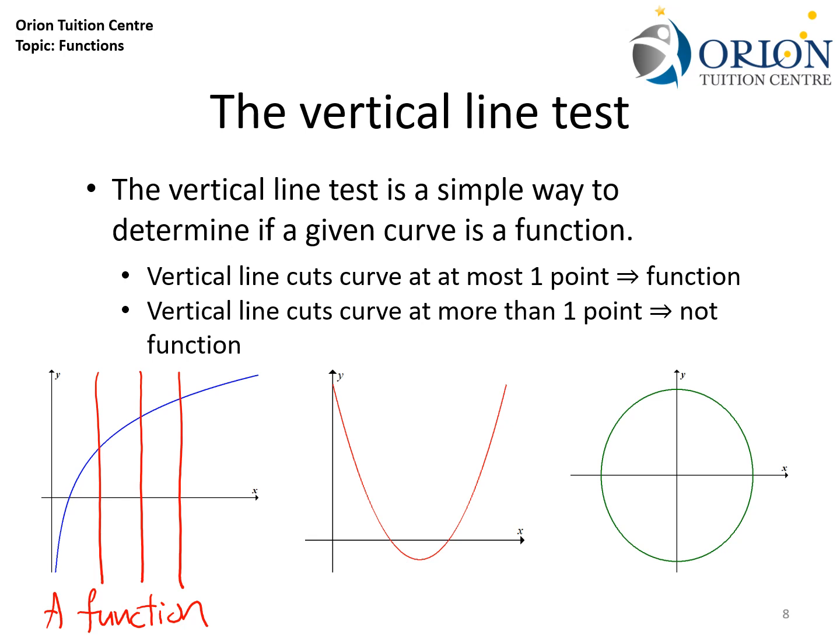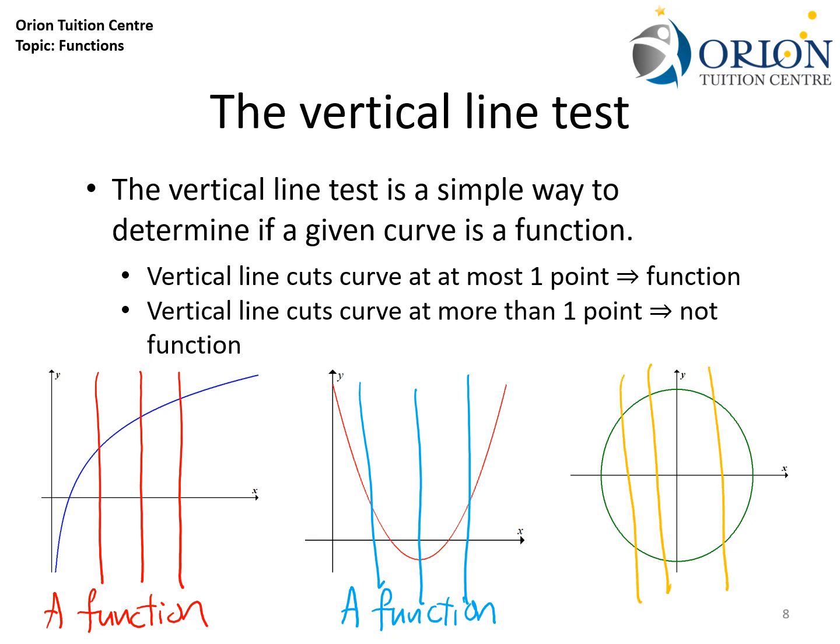For the curve in the middle, if you are going to draw a vertical line anywhere, it is also going to cut the curve at exactly just one point at most, and therefore this is also a function. Finally, for the curve on the right, whenever we draw a vertical line, it is going to cut the curve at 2 points. And therefore, we know that this is not a function.